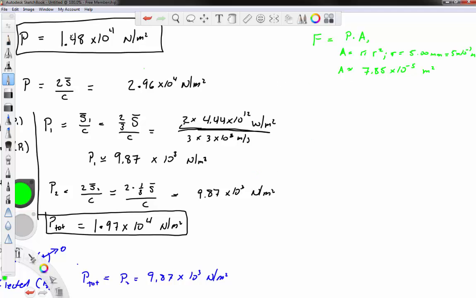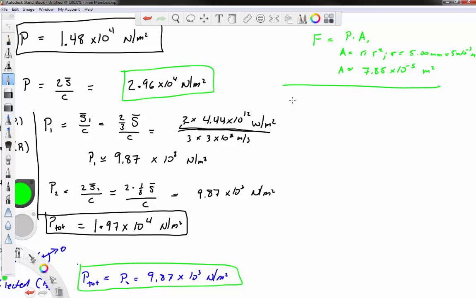So now we can multiply each of these pressures. So we have this pressure, we have this pressure, and we had this pressure for the totally reflected case. So basically we have A, the force is going to be 1.48 times 10 to the 4 newtons per meter squared, and that's multiplied by 7.85 times 10 to the minus 5 meters squared.